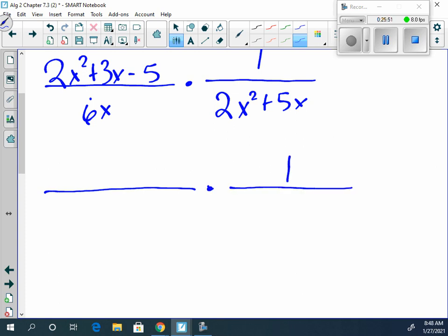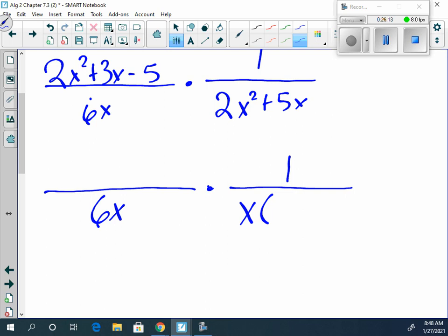Well, 1's not factorable. 6x isn't factorable. But the other two are. Which one do we want to factor first? 2x squared plus 5x? What's in common? x. So we can factor it out.